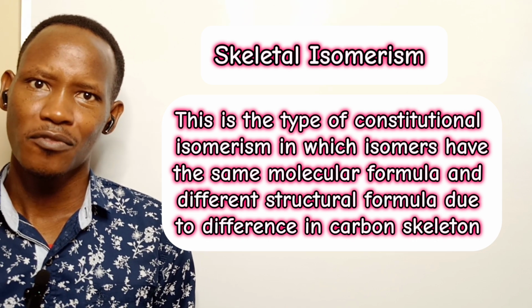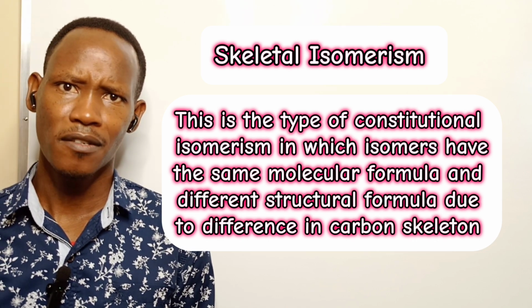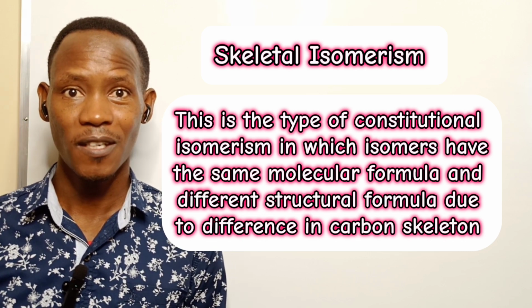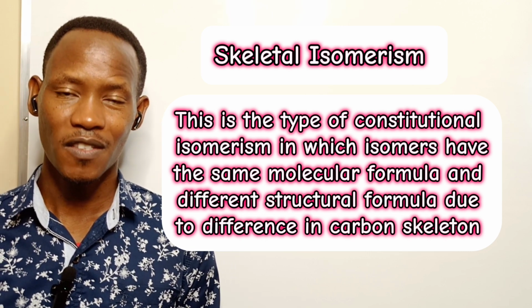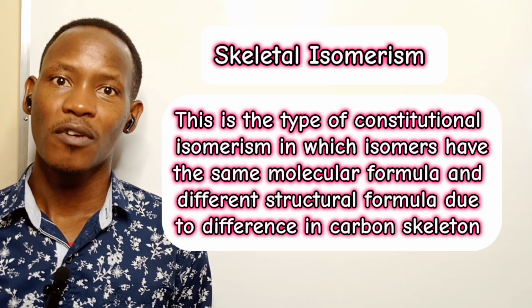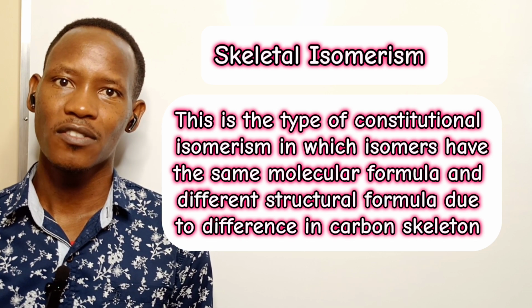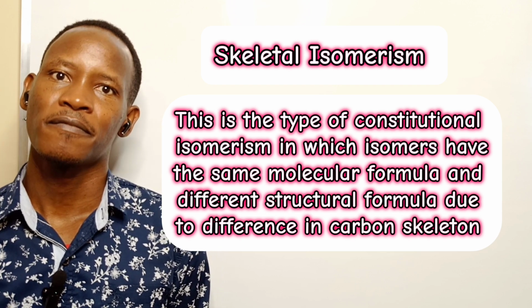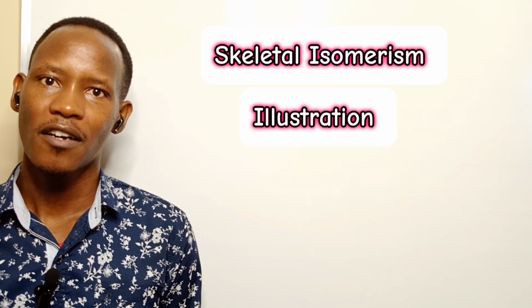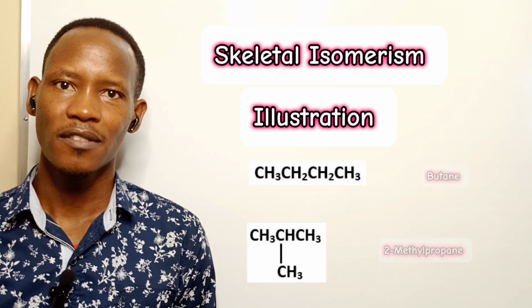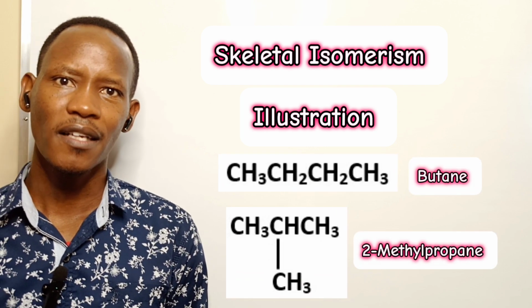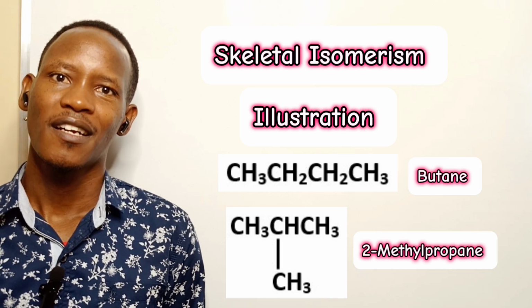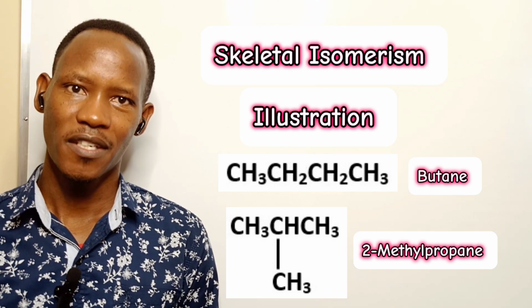So, if you find two organic compounds having the same molecular formula and different carbon-to-carbon chains or skeletons, then you are very much free to refer to these two organic compounds as skeletal isomers. To illustrate this, we have normal butane, which is displayed there, and its corresponding skeletal isomer, isobutane.